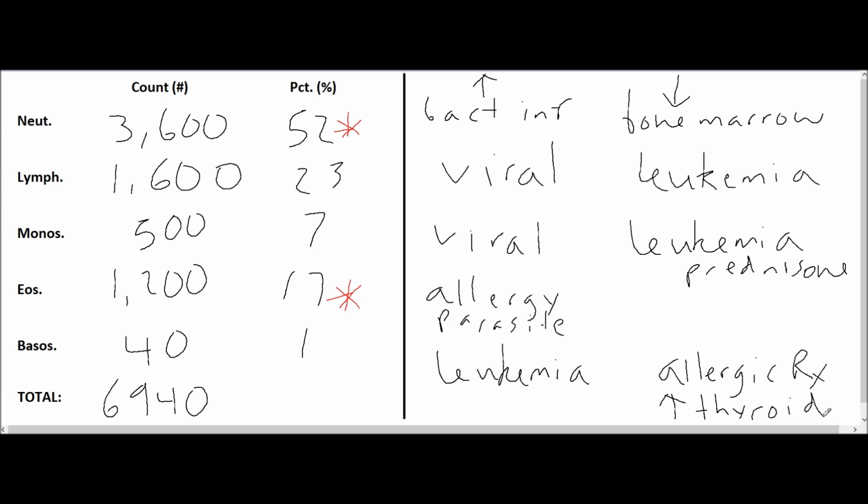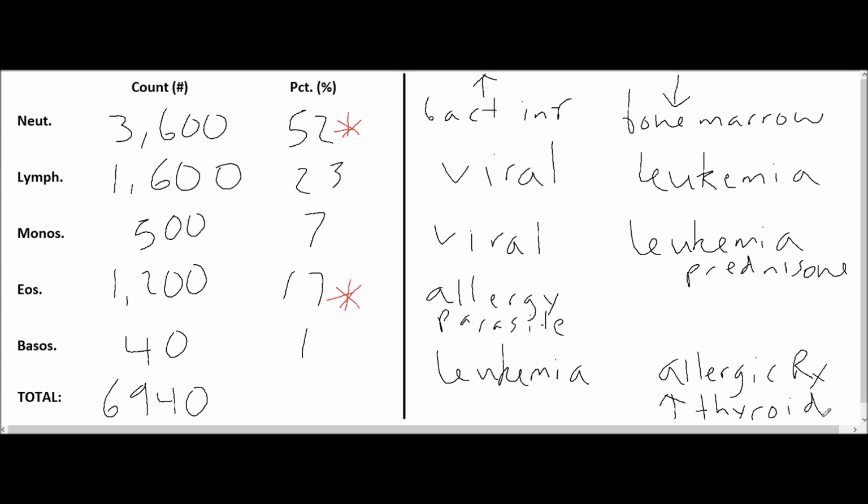Your normal neutrophil count is anywhere from 2,500 to around 8,000 even. So 3,600 is normal. So we're not really too concerned about that 52%.